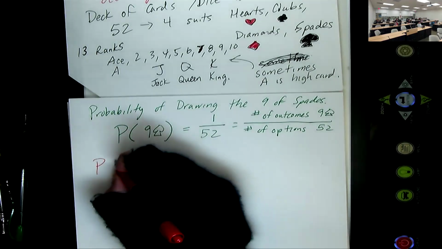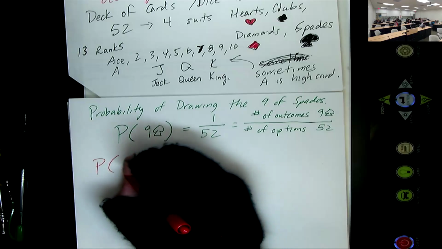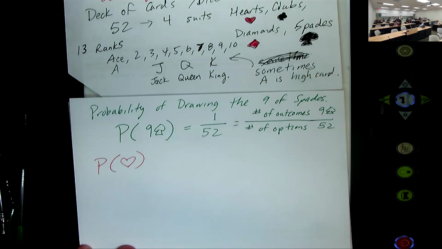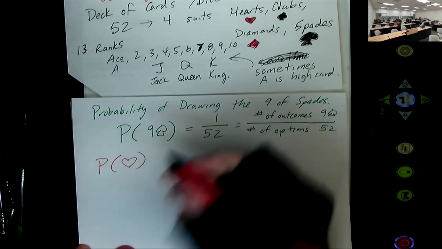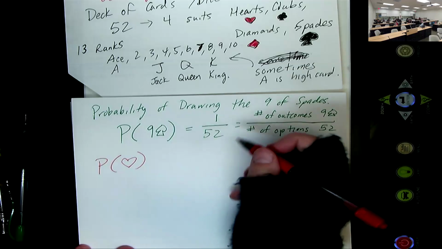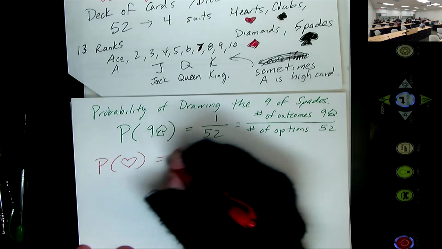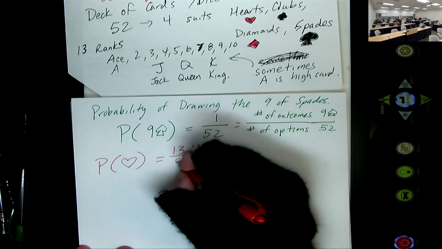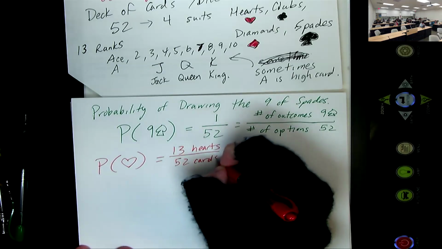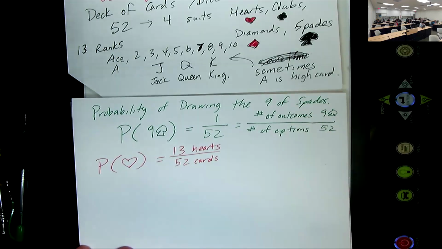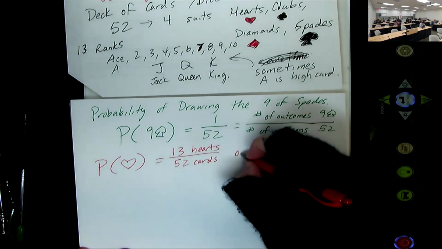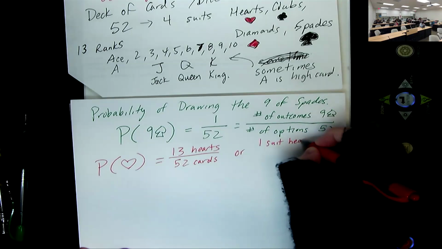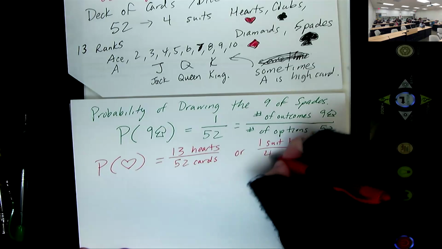The probability of drawing a heart. There's a couple ways of looking at this. There are 13 hearts out of 52 cards. Or we could say there is 1 suit that is hearts out of 4 suits.